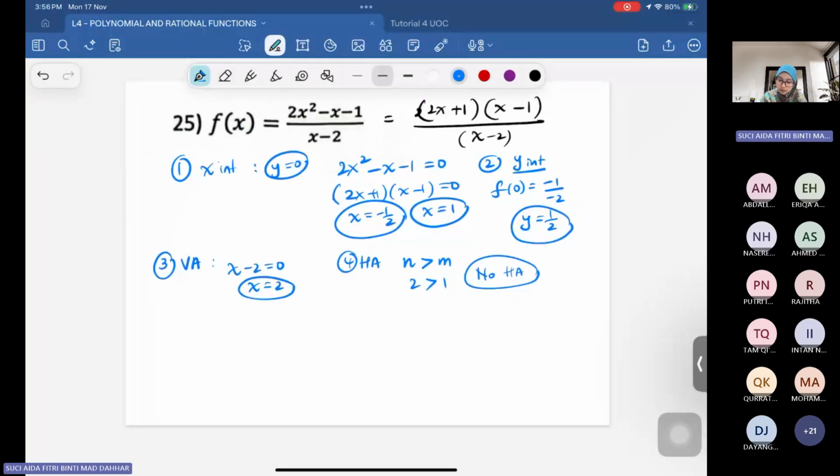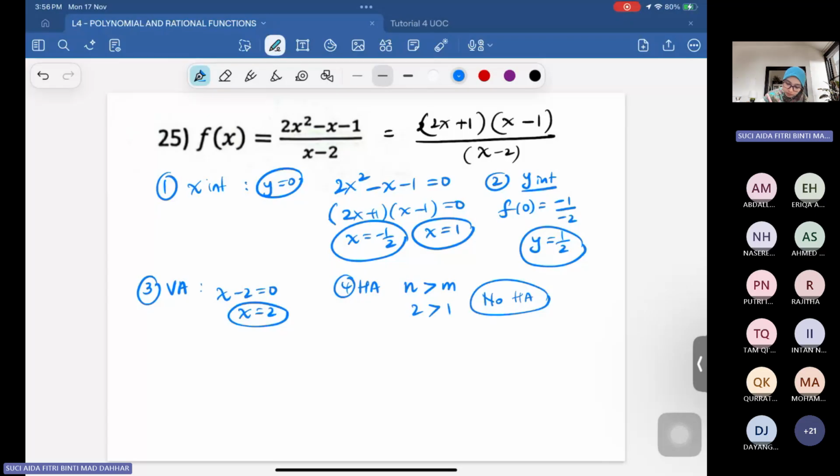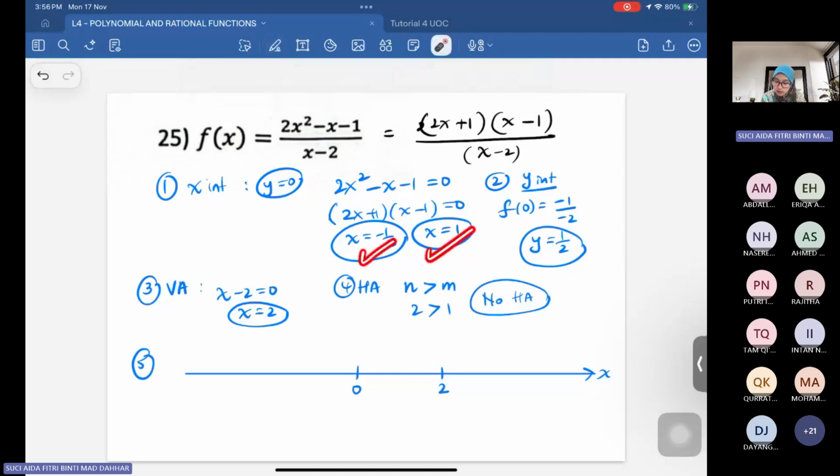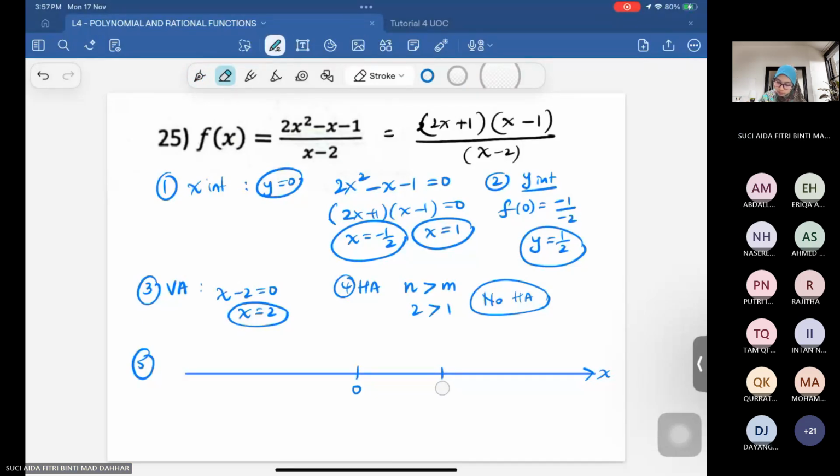Okay, next, now we can do the number line. Test value. Vertical asymptote is at 2, but I will include the y-intercept as well, at 1 and at negative half.